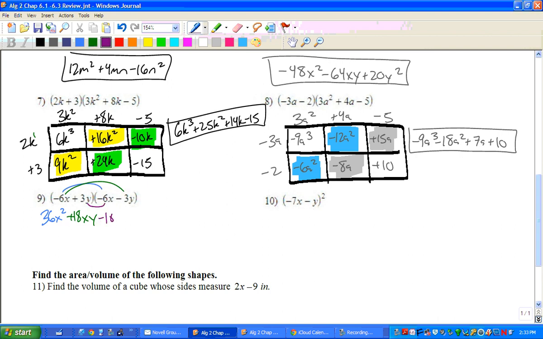The inside would be negative 18xy. And then the last would be negative 9y squared. So when you combine your like terms, which are the guys in the middle, those actually cancel out, and you're left with 36x squared minus 9y squared.